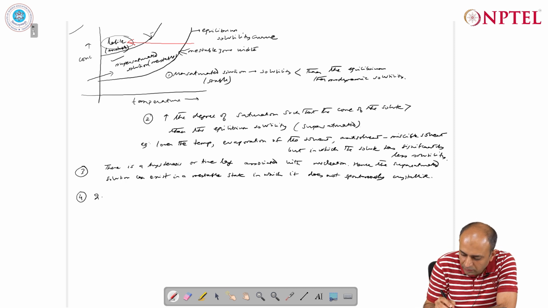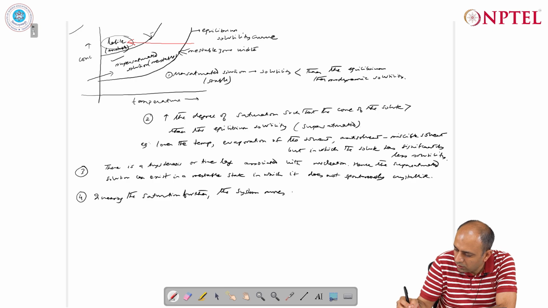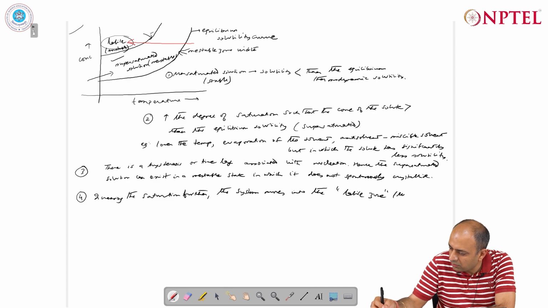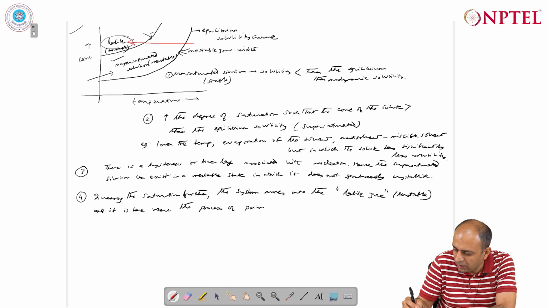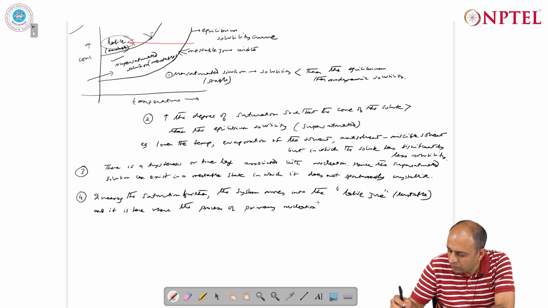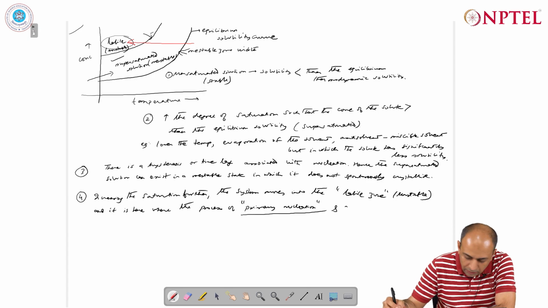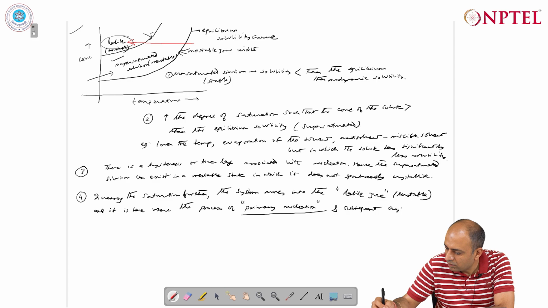So, now increasing the saturation further, the system moves into the labile zone, which is also the unstable zone, and it is here where the process of primary nucleation, in quotes, and subsequent crystallization begins.